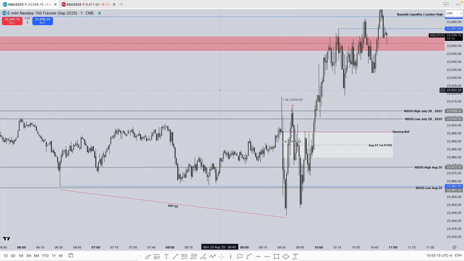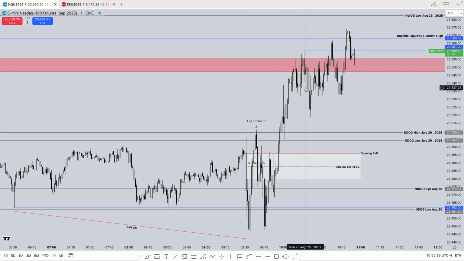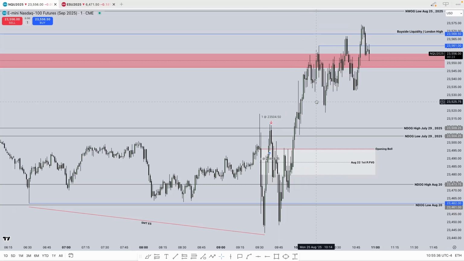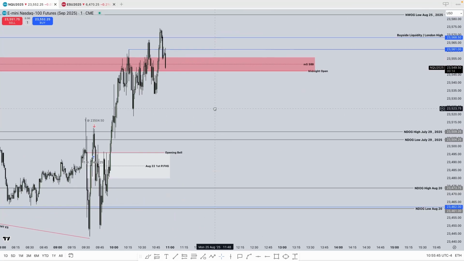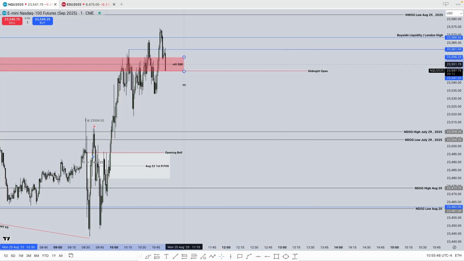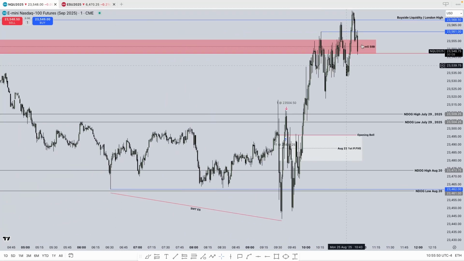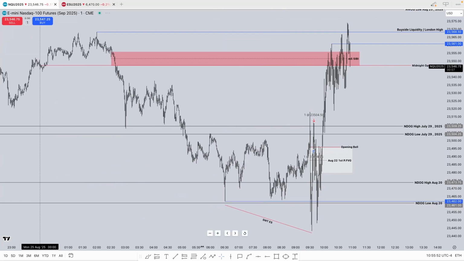But how it happened is that right after the 10 a.m. news, as you can see the candle here, price just went lower into the new day opening gap, then continued higher. But I would say price was not too good here. This is why I didn't participate at all, because price reacted into the new day opening gap, then just continued higher, reacting on the M5 CB, which was in premium of this range.